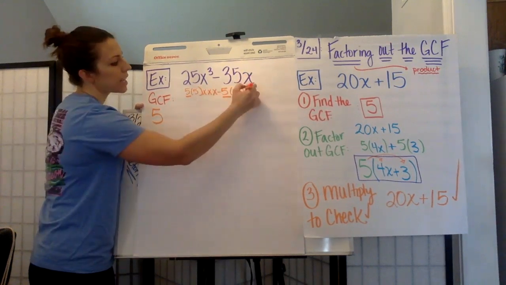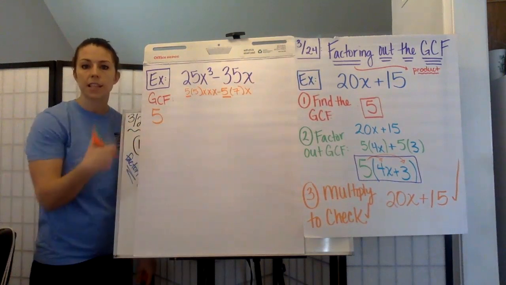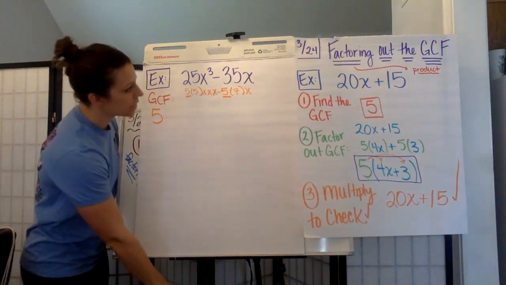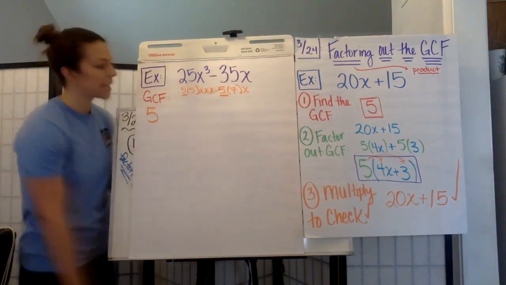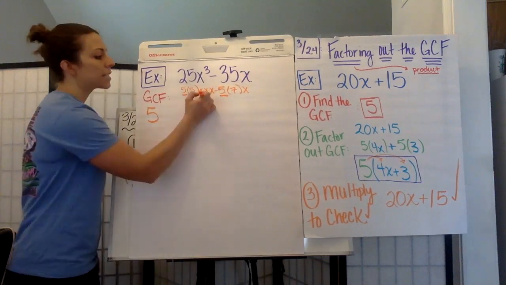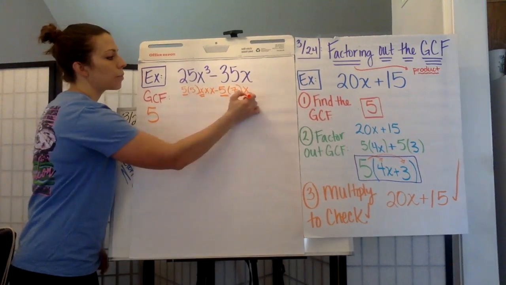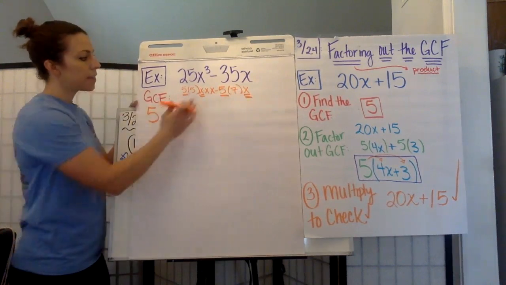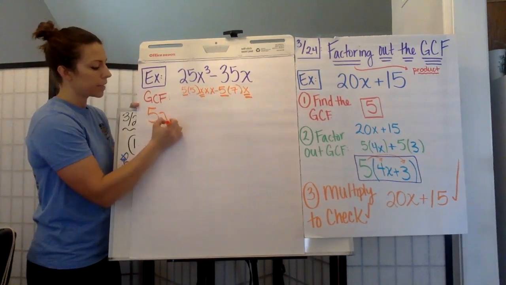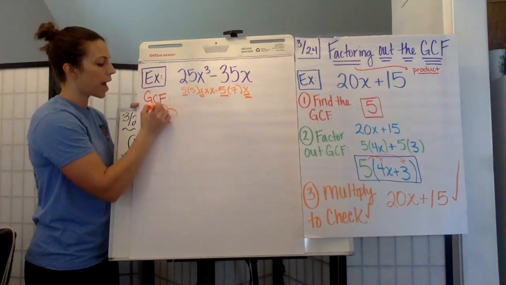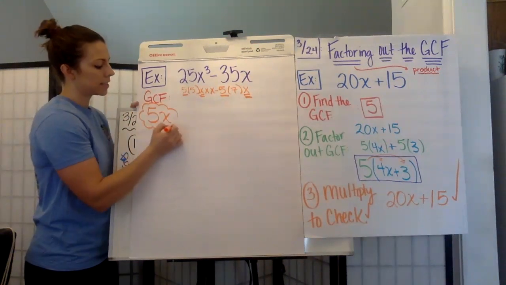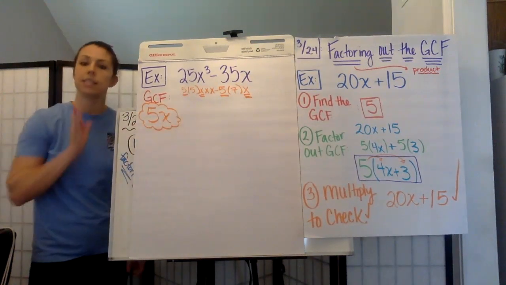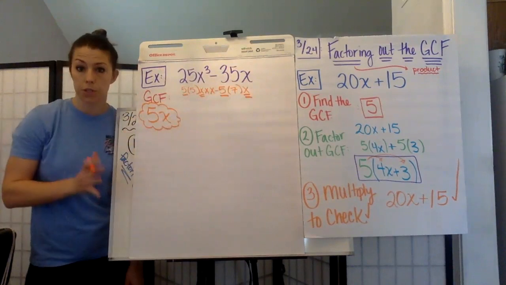And then there's only a single x over here. Again, this is kind of like what we were doing yesterday. So how many x's do they have in common? I see 1 here and 1 here, meaning they have 1 x in common, so my GCF is 5x. Step 1, complete. This is the exact same thing you were doing yesterday.